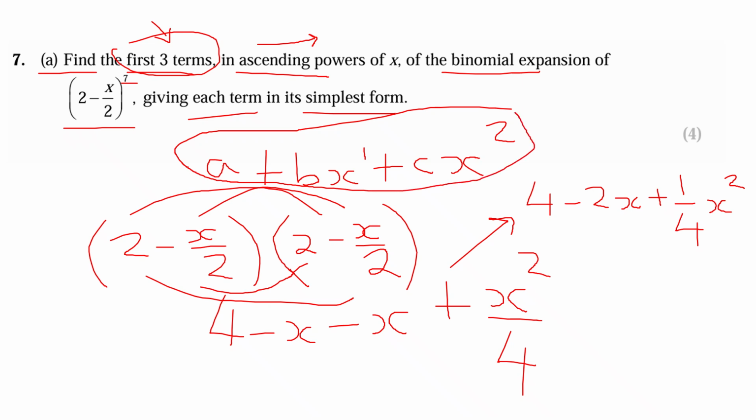From GCSE maths, if I have x plus 1 times x plus 2, then you all know I'm going to get a quadratic expression in the form ax squared plus bx plus c, where a would be 1, b would be 3, and c would be 2, if it was this bracket, for example.